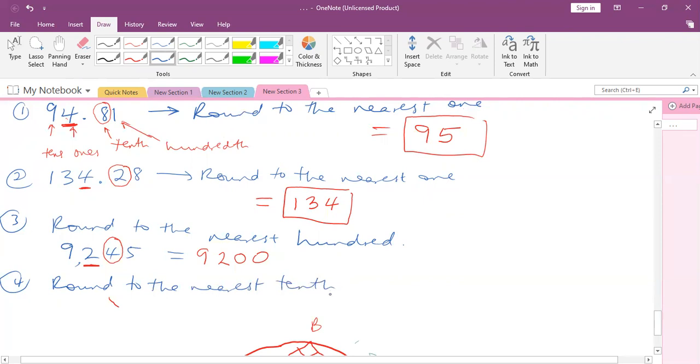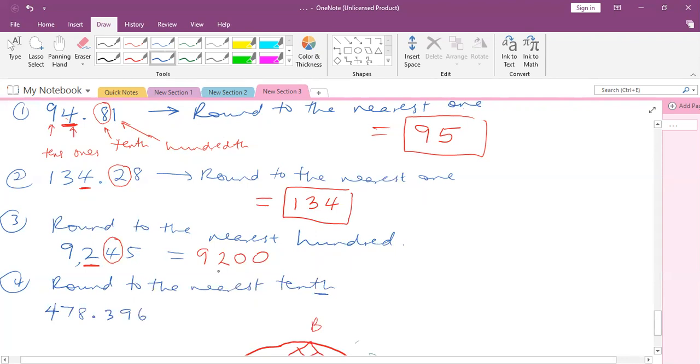So this time look at the nearest 10th, right? So the number we're going to work with will be 478.396.